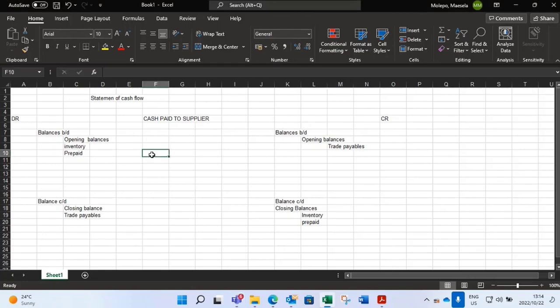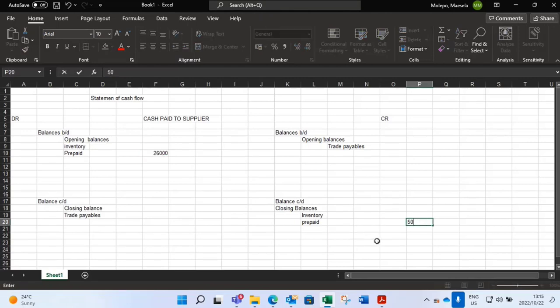The prepayment, what is the balance? Isn't it supposed to be 2,600? The opening balance of the prepayment, yes. The prepaid expense should be 2,600 here. And then it's carried down. It will be 500.